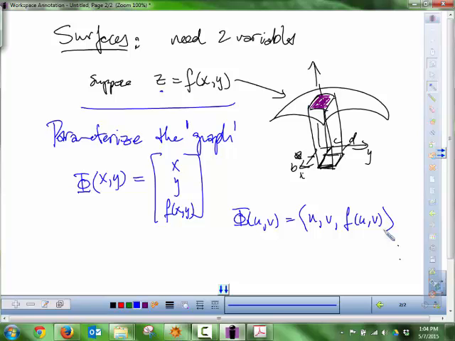Okay. So let's come up with a boring surface. I don't want a specific function, I just want it to be arbitrary.